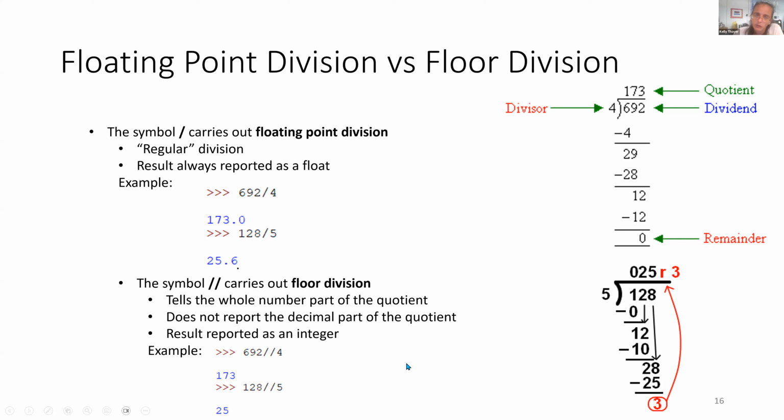It does not report the decimal part of the quotient, and so the result will be reported as an integer because it's telling you the whole number of times that it goes in. So, for example, we could do 692 divided by 4, and we get out 173 with no decimal point, and 128 floor division with 5 will give us the 25. But of course, it doesn't tell you anything about the remainder.